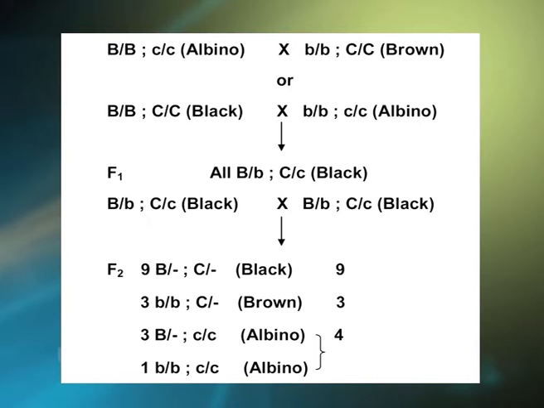Now, when the black and black are crossed together, in the F2 generation we get a progeny ratio of 9:3:3:1, wherein 9 is for black, 3 is for brown, and 3 and 1 are for albino.